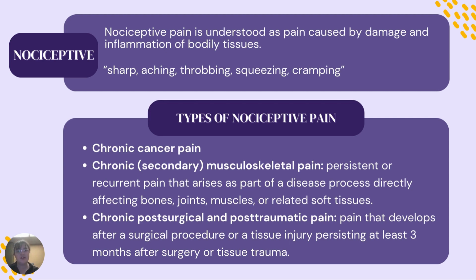So that key factor with chronic musculoskeletal pain is going to be that persistent or recurring pain beyond 3 months or longer. The other type that's going to fall into nociceptive pain is post-surgical or post-traumatic pain, which is going to be some kind of pain after a procedure or injury that, again, lasts longer than that 3 months past the trauma or past what is the general healing time.